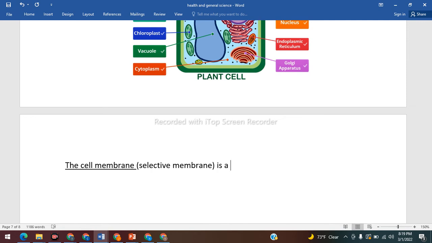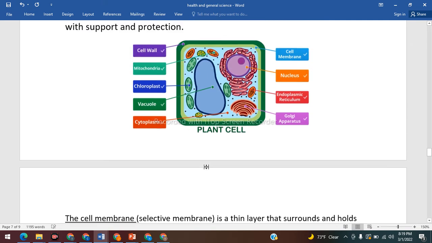So it's a thin layer that surrounds and holds a cell together. Imagine if you didn't have the cell membrane, everything is gonna be what?